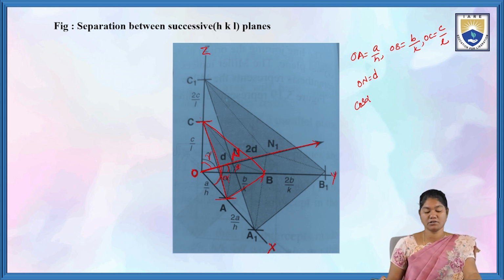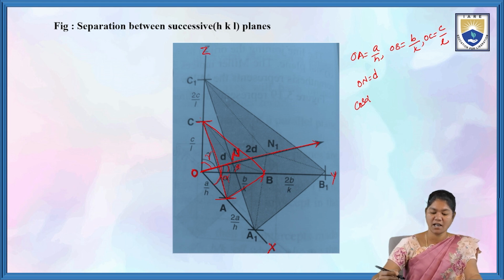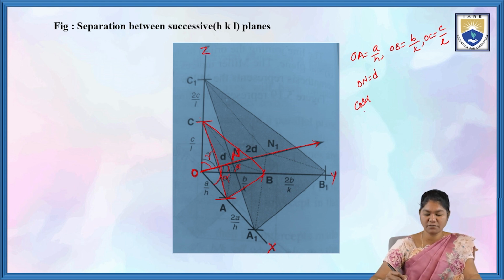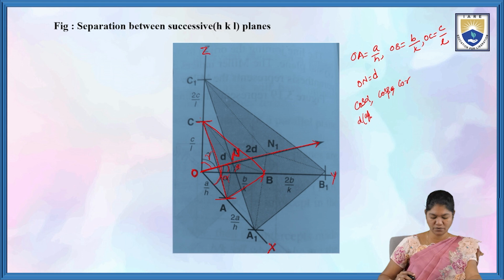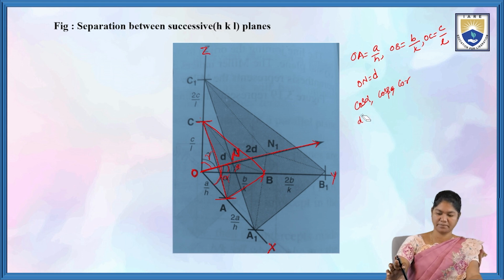So these are the interfacial angles. So we calculated cos alpha, cos beta and cos gamma.